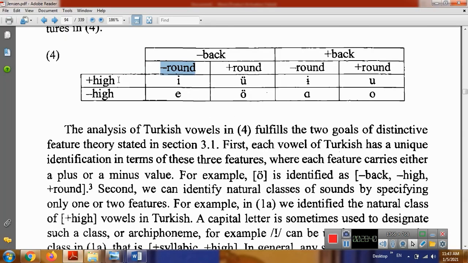Okay. Which vowels are plus high? We have these 4 vowels, all of which are plus high. So our vowel can be E, U, E, and U.